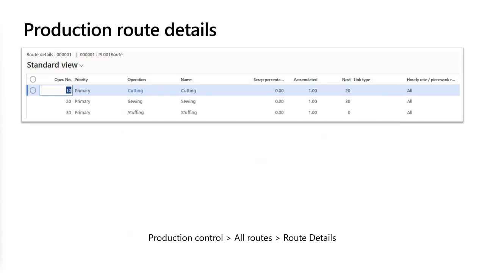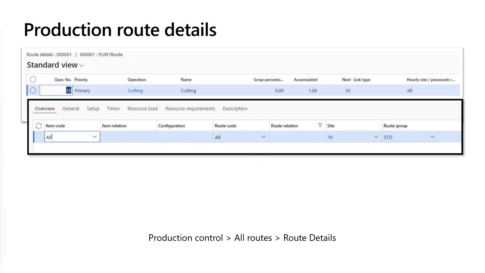One more detail is important to understand. To make a route in Dynamics as reusable as possible, the details for an operation such as setup time, runtime, process quantity, and resource requirements are linked to an operation via a combination of item code, all in this sample but could be different for individual products, route code, all in this sample but could be different for individual routes, and site.